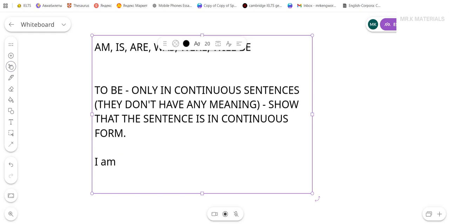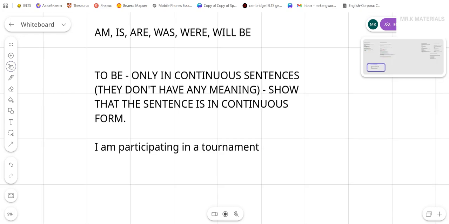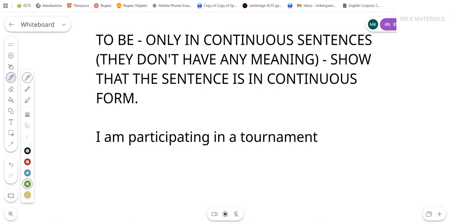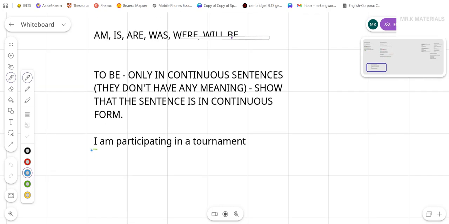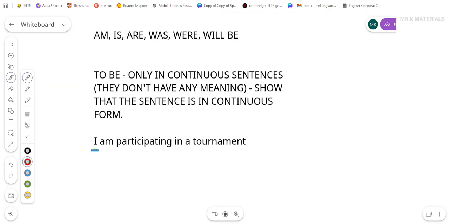I am, let's say, participating in a tournament. Okay, let's translate it. I have my subject here. Then I have my verb, participating. I have my to be, am.